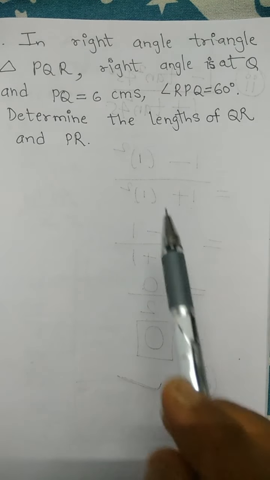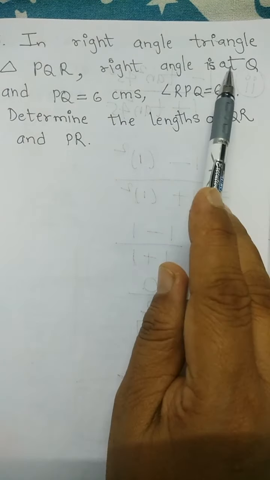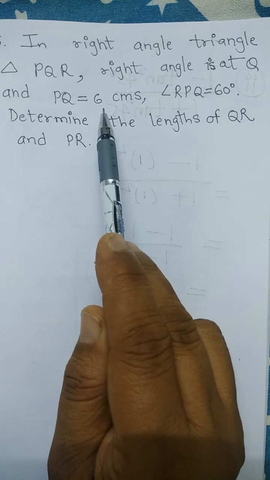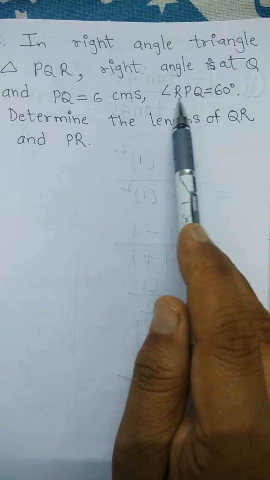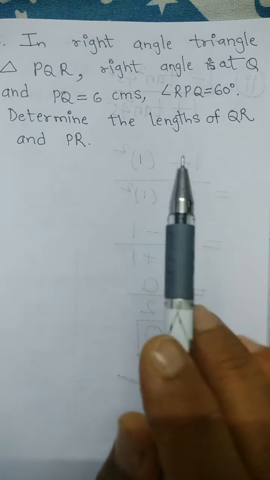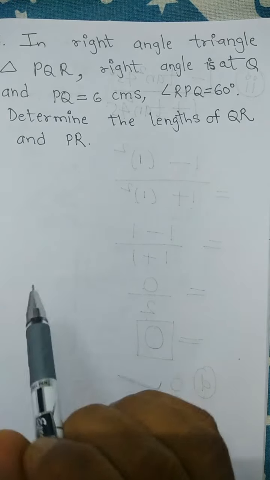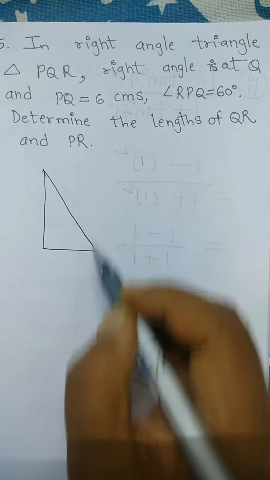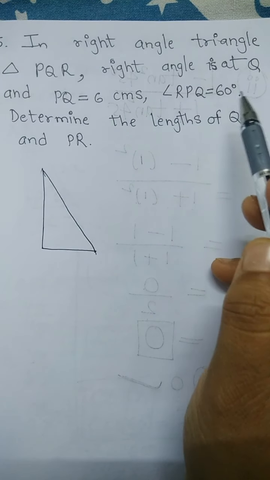The next question is: in right angle triangle PQR, right angle is at Q and PQ is given as 6 centimeter. Angle RPQ is 60 degree. Determine the lengths of QR and PR. First of all, draw a right angle triangle PQR, but you have to check where the right angle is.